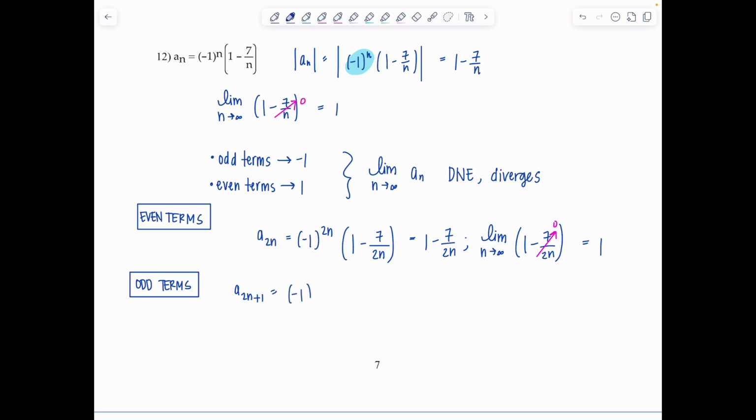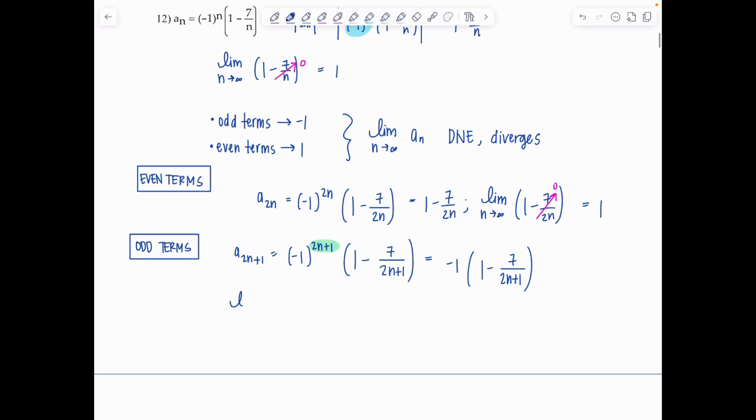That's going to be negative 1 to the 2n plus 1 times 1 minus 7 over 2n plus 1. Now, since I know this is odd, negative 1 to an odd number is going to stay negative. So then I've got negative 1 times 1 minus 7 over 2n plus 1. I'm just going to leave it like that for a minute.